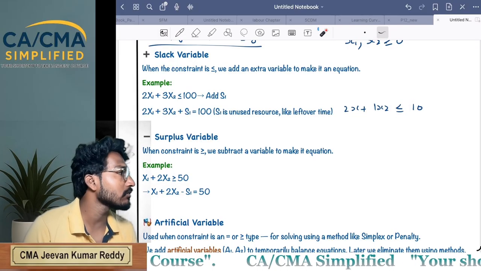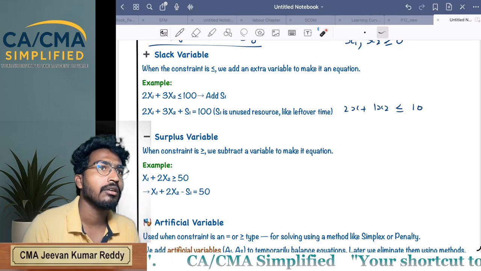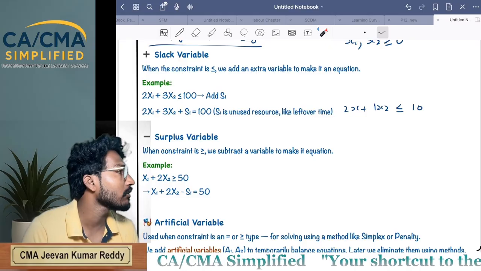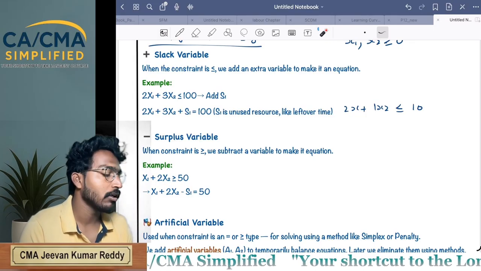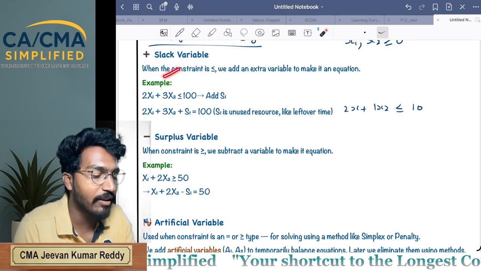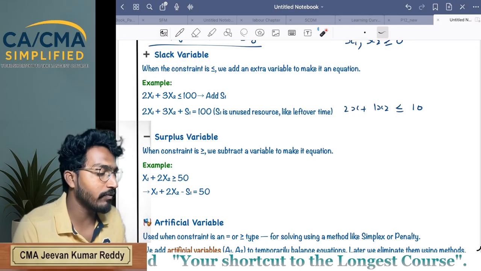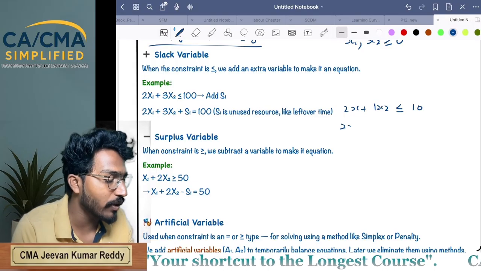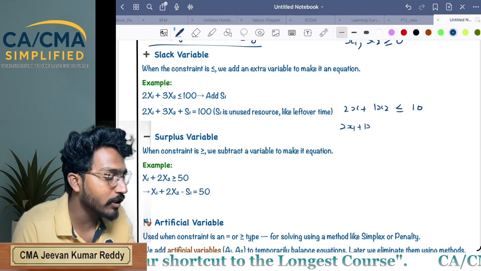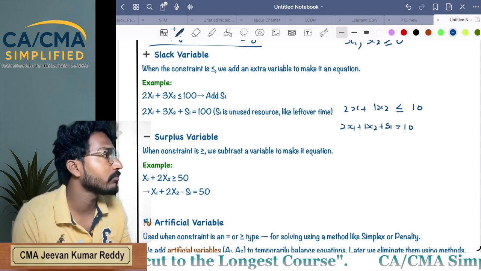1 is less than 10, 2 is less than 10, 3 is also less than 10. Which figure will you take? For that purpose, to make this symbol an equality, you will use the slack variable s1. Then it will become 2x1 plus 1x2 plus s1 equals 10.